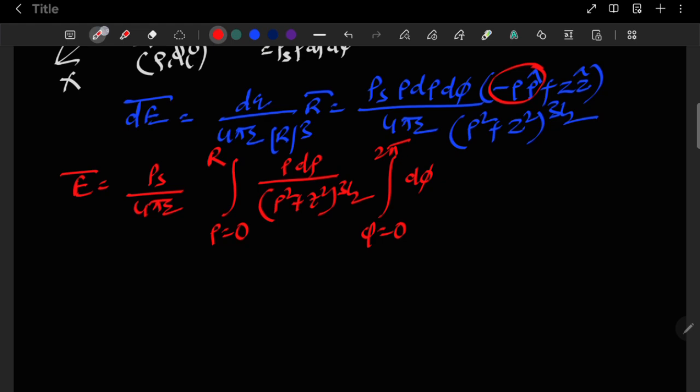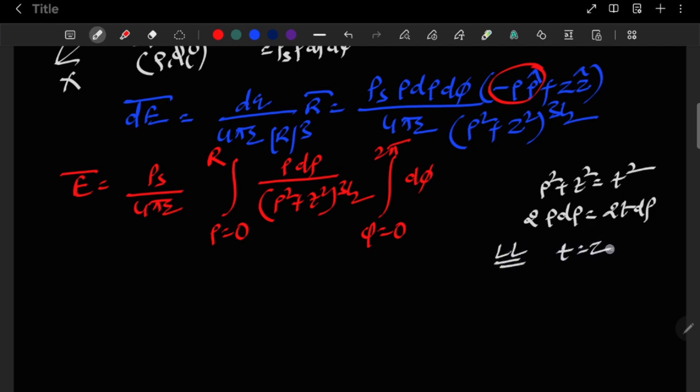To solve this, again I am taking rho square plus z square is equal to t square. So 2 rho d rho is equal to 2t dt. Lower limit, when rho is equal to 0, t is equal to z. Upper limit, when rho is equal to R, t is equal to square root of R square plus z square.